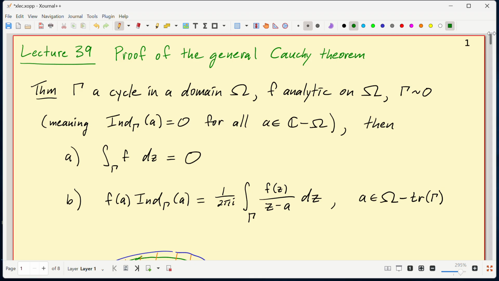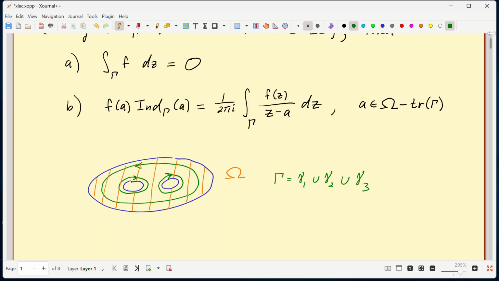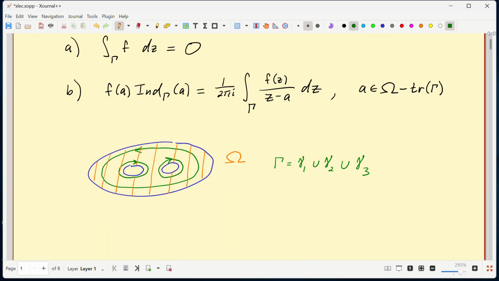The classic example of that homologous to 0 thing is a domain with holes. For the interior holes, you put a curve going around clockwise, and the outer boundary has a curve going around counterclockwise. That's the feeling for being homologous to 0.